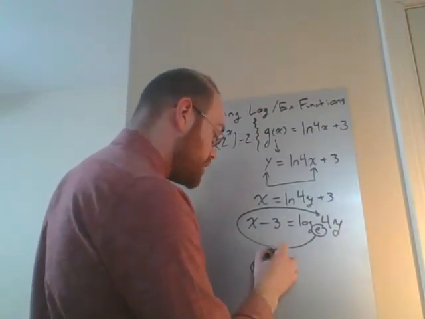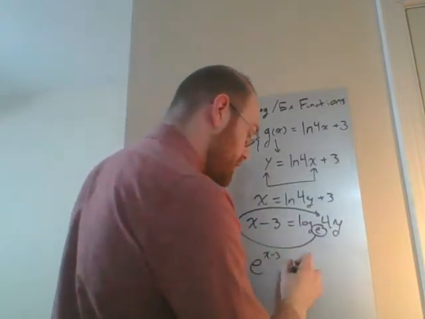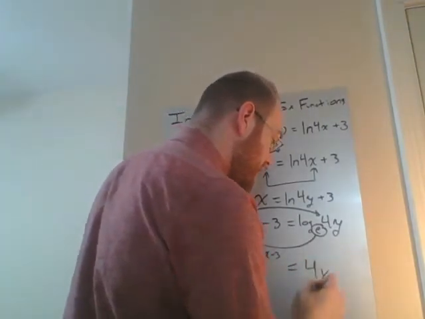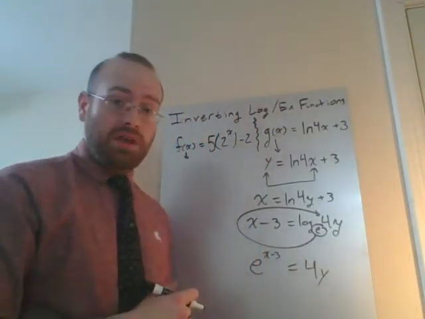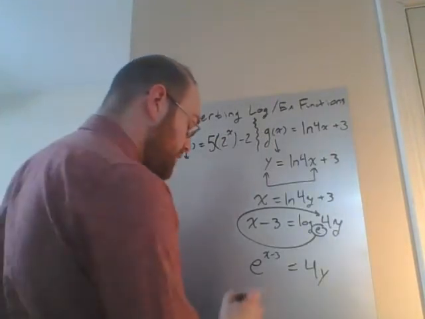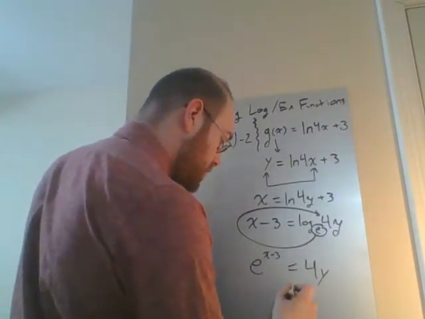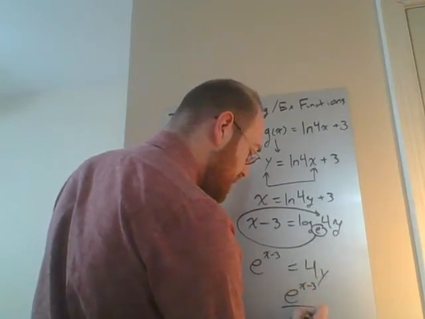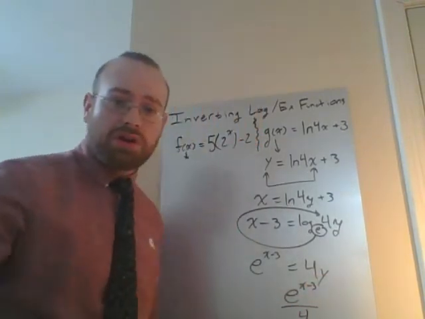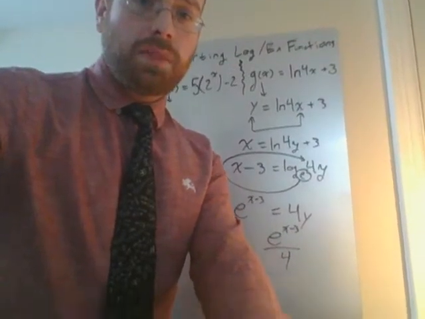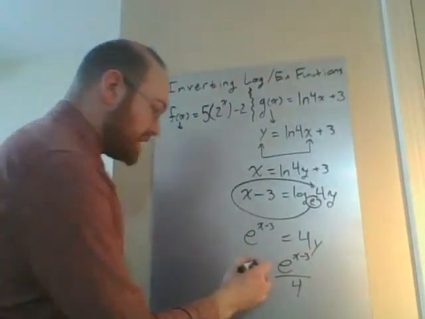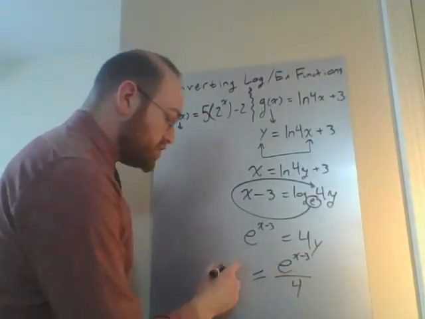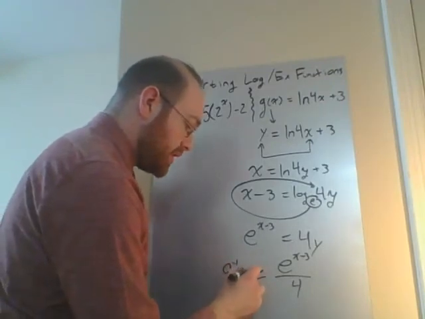So we have e to the power of x minus 3 equals 4y. Now to solve for y, we divide everything by 4. So we have e to the x minus 3 all divided by 4. And then we would call this g inverse of x.